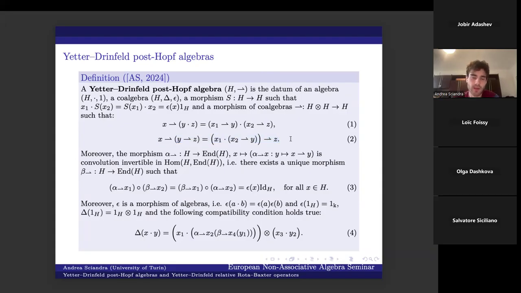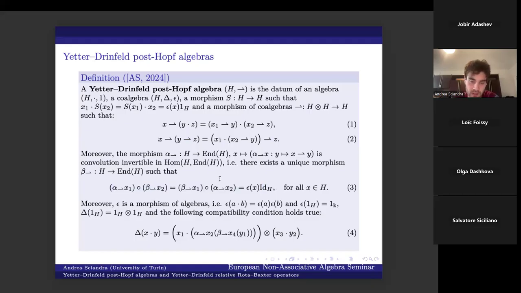Moreover, we also ask that this map, when it is regarded as a morphism alpha from H to the endomorphisms of H, so that to any x we associate the endomorphism acting with x from the left, is convolution invertible. And this means that there exists a unique morphism beta, again from H into the endomorphisms, such that this compatibility condition is satisfied.